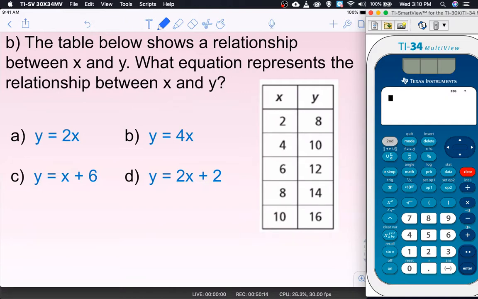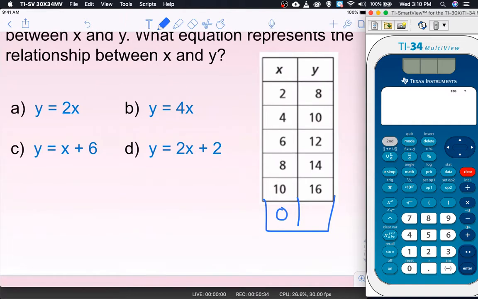All right. So right away, you might have noticed you can't use the trick of looking for the y-intercept. This is not the y-intercept because my x value is not 0. The y-intercept happens when x is 0. So you could not have used that same trick.